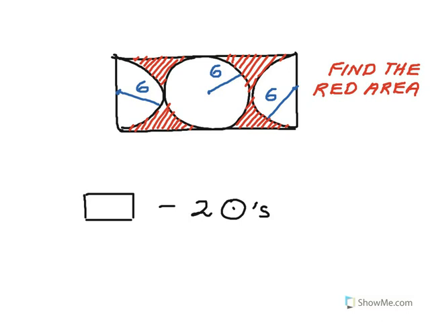To find the area of the rectangle I want to get the base and the height. I notice that each of these circles has a radius of 6, so I have a diameter of 12 for the middle circle. If I go across, I have a radius of 6 here, then a diameter of 12 across this circle, and a radius of 6 across this circle. So altogether, that is 24 in the base.